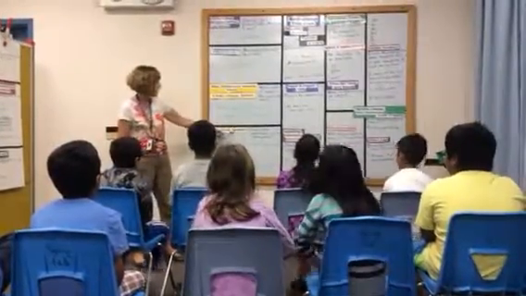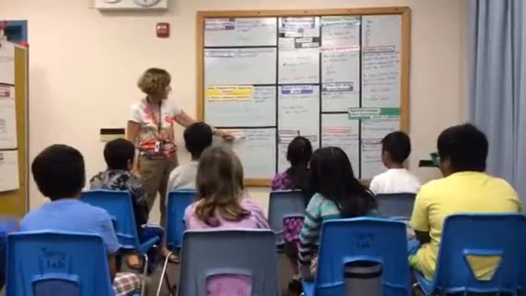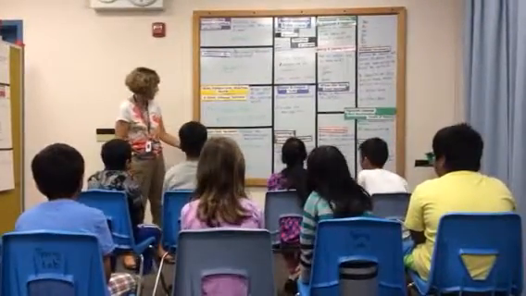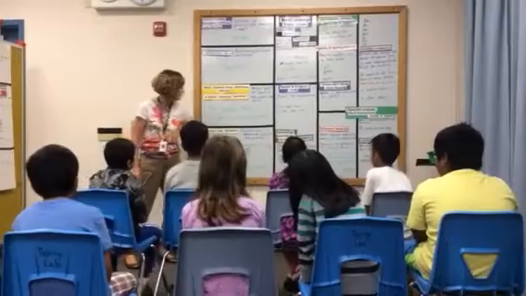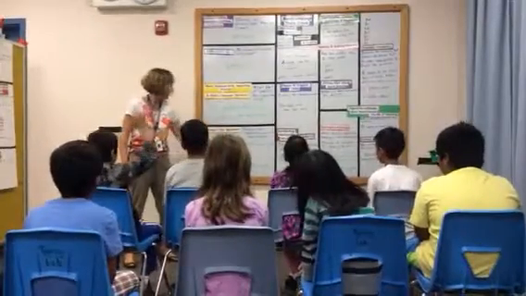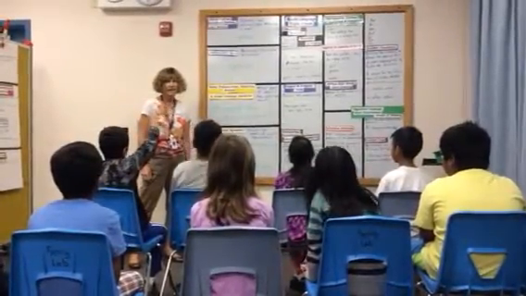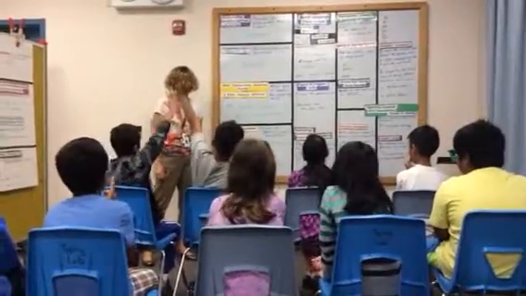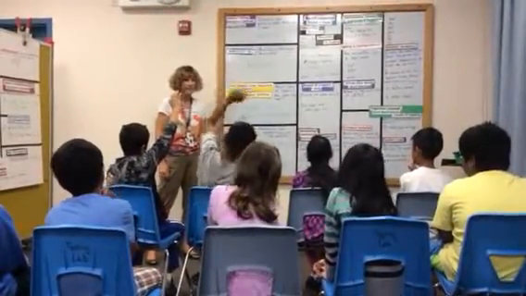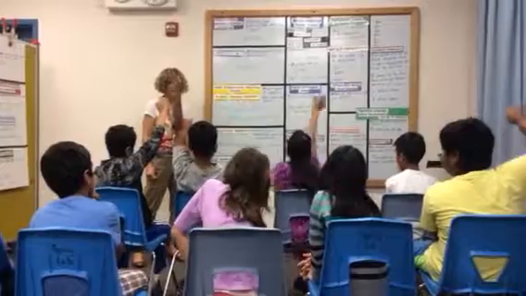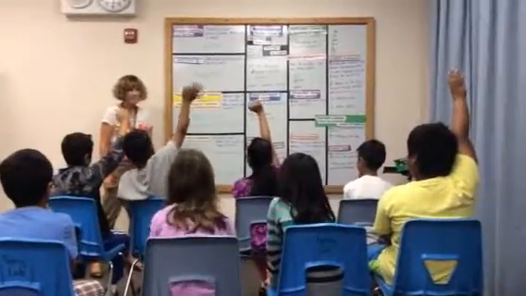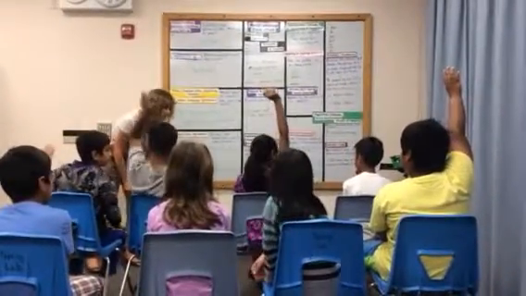Subject, verb, agreement. Correct the underlined word in the sentence. The boy runs to school each day. Runs is what we're correcting. Ethan, can you think? I'm sorry, what?